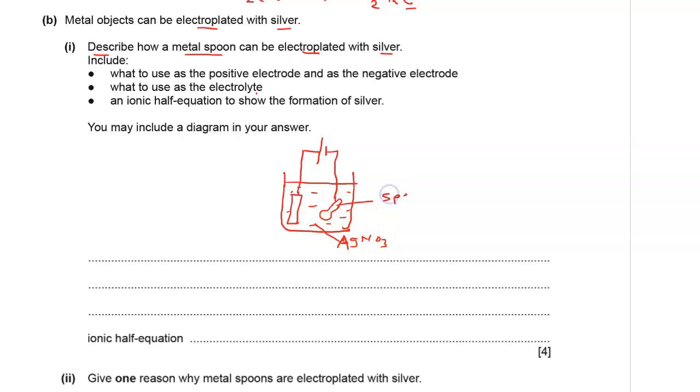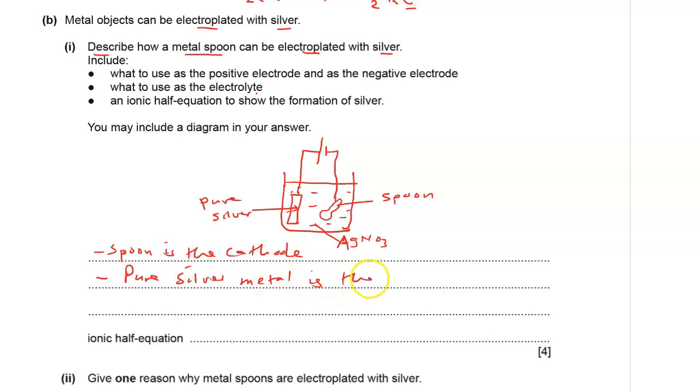This is the spoon connected to the negative terminal, and this is pure silver. Right there. So the spoon is the cathode, as you can see. The spoon is the cathode. And then the pure silver metal is the anode.